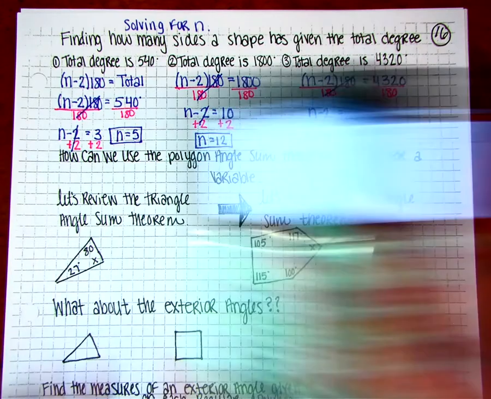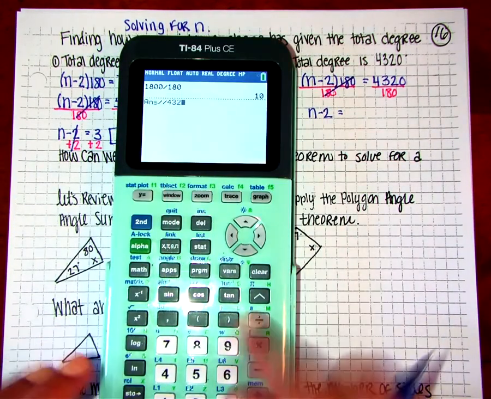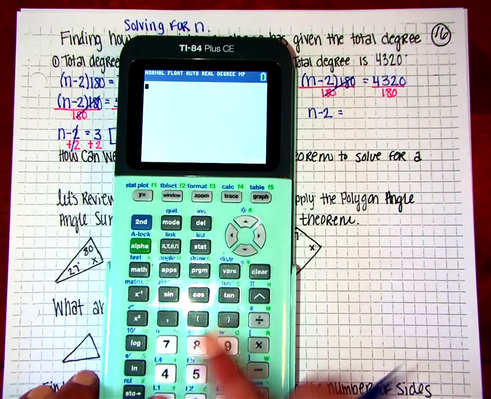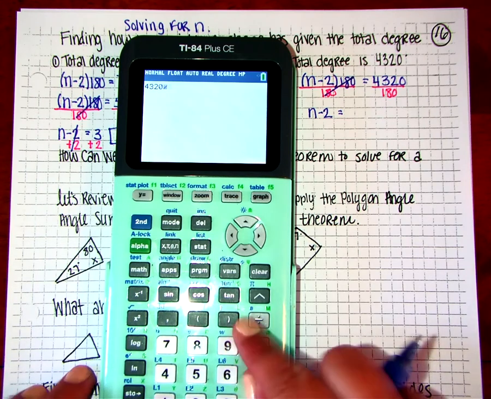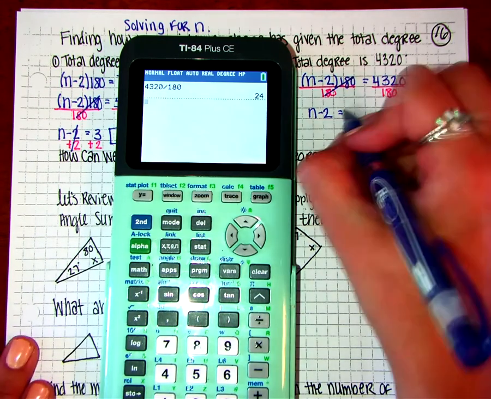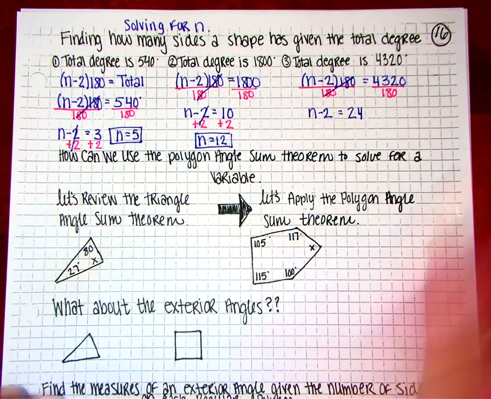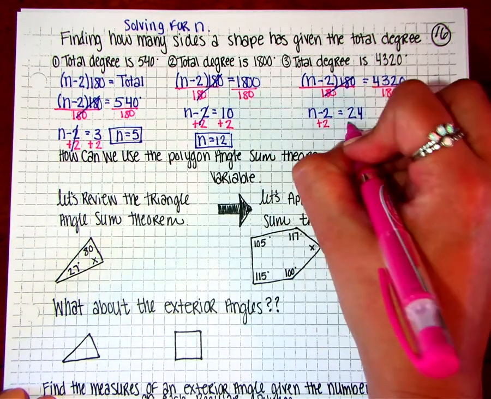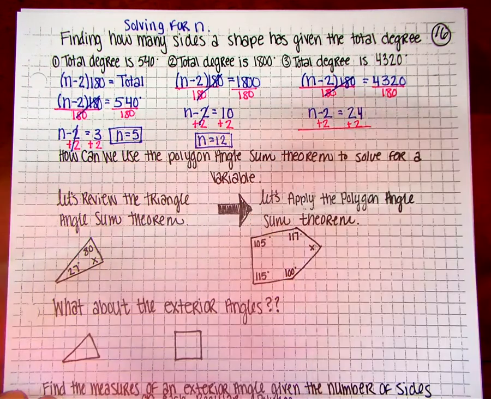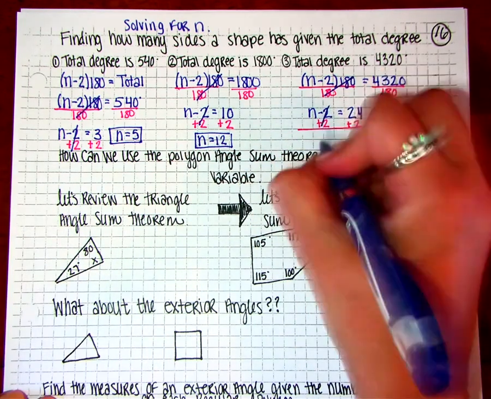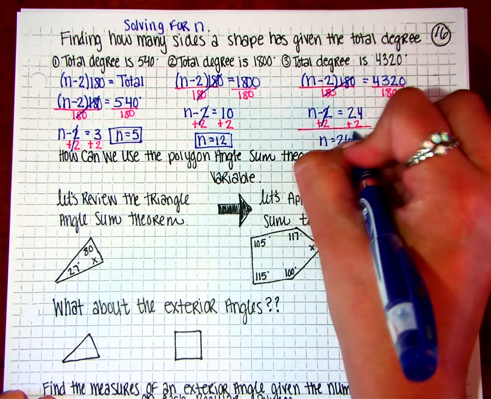Divide by 180, which I will do right now. 4320, that was not right. 4320 divided by 180 is 24. So just take the time, solve the problem. It's a two-step equation. Divide by 180, add 2. So when we do that, we get n equals 26.